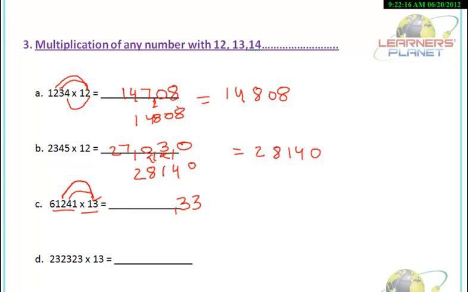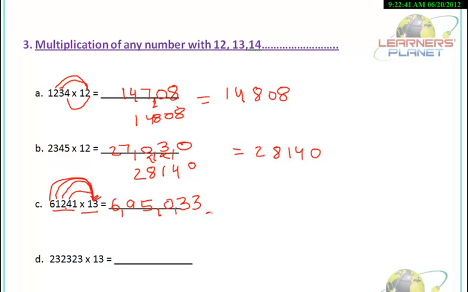Then 2 3s are 6 plus 4, 10. Then 1 3s are 3 plus 2, 5. Then 6 3s are 18 plus 1, 19. Then 6 as it is.